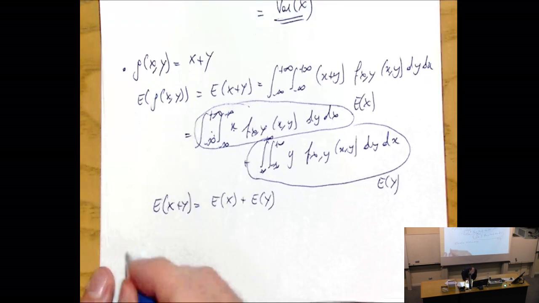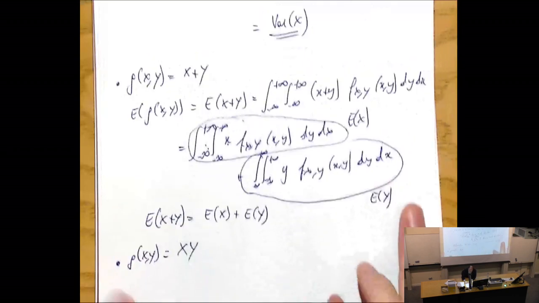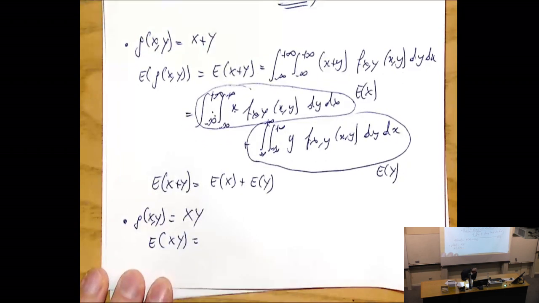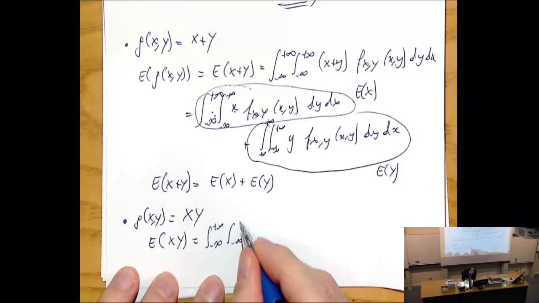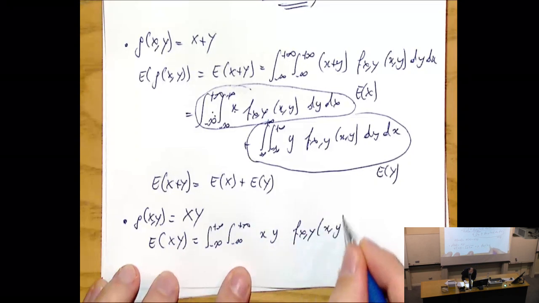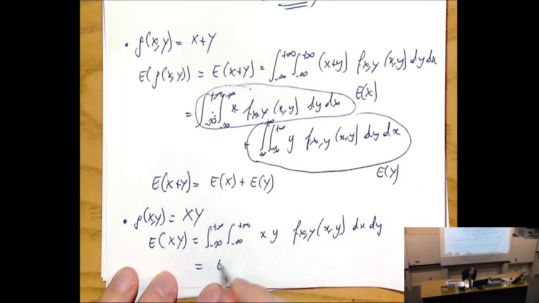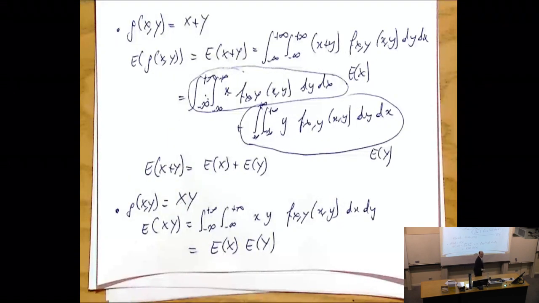What if we have this? X multiplied by y. So the expectation of xy is the integral of xy multiplied by the joint PDF of xy. So this is equal to the expectation of x multiplied by the expectation of y. Make sense?